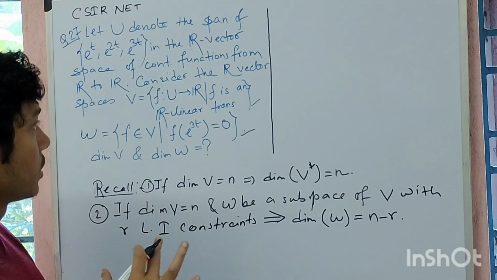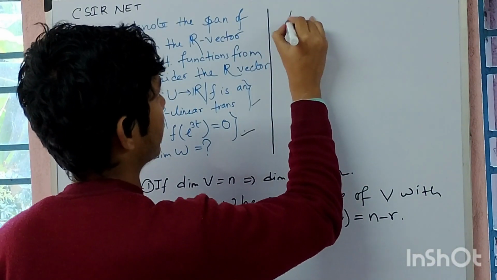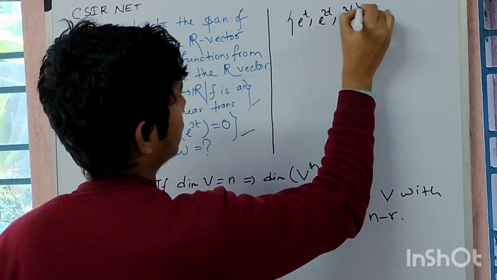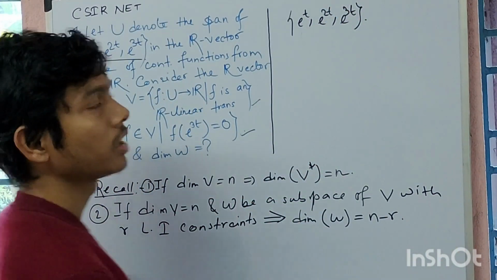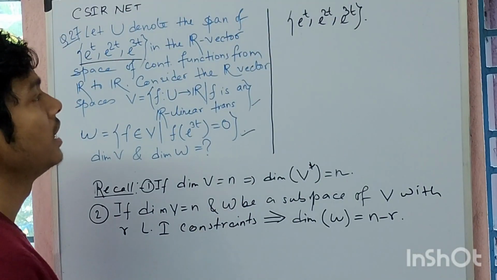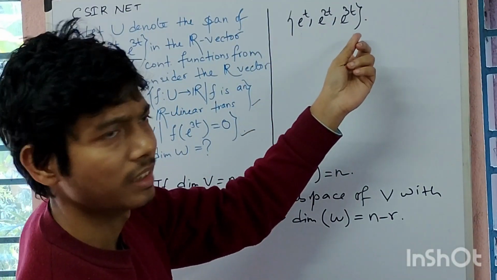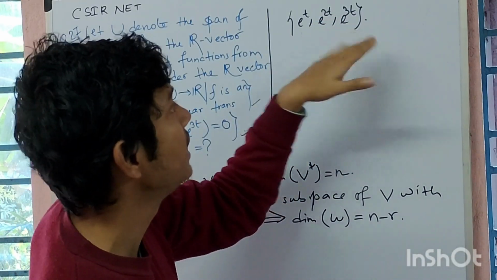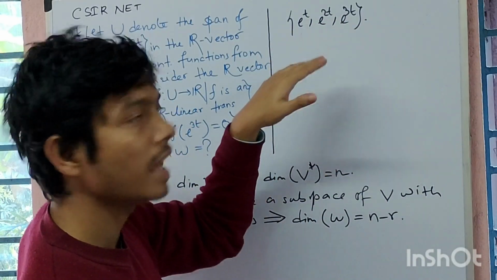First of all, take this set and check whether it is linearly independent or not. In one method, you can easily check that none of these vectors can be written as a linear combination of the other two, so it is clearly linearly independent.